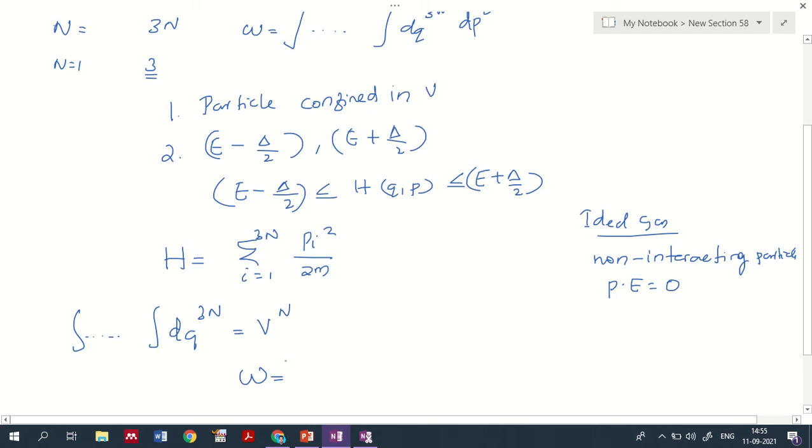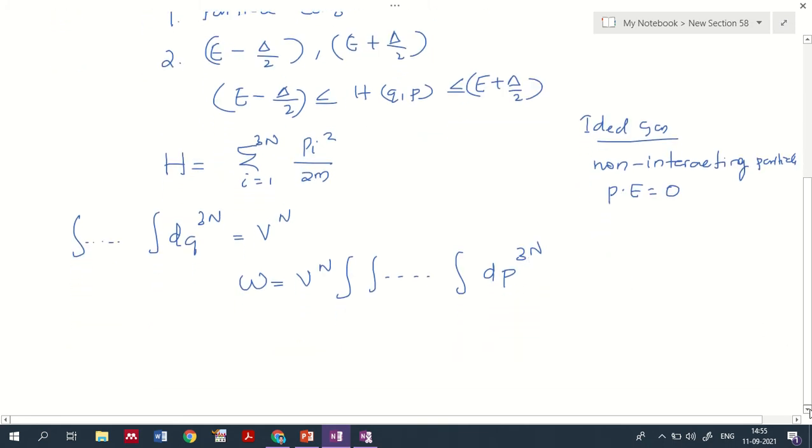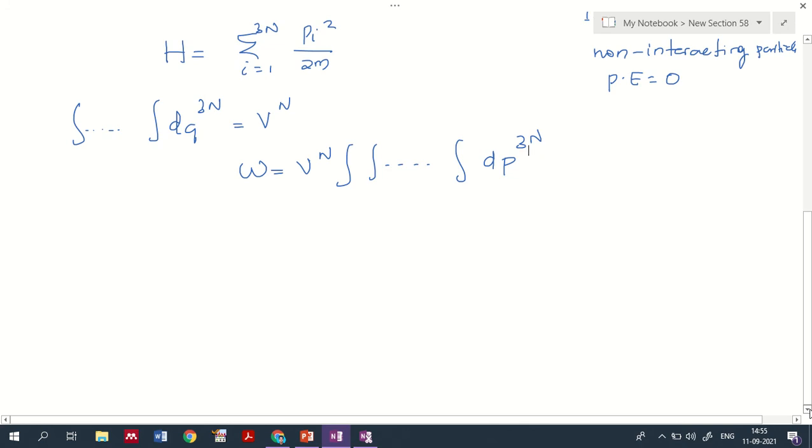So omega equals V raised to n times the integral of dp raised to 3n, which gives the total momentum space volume.